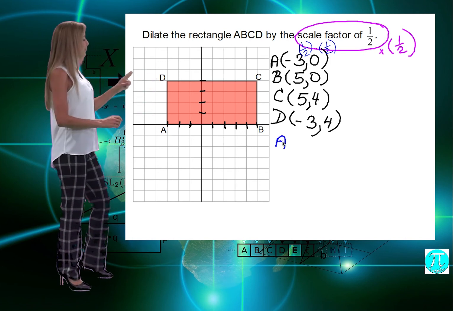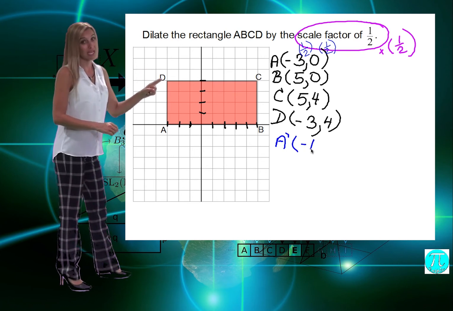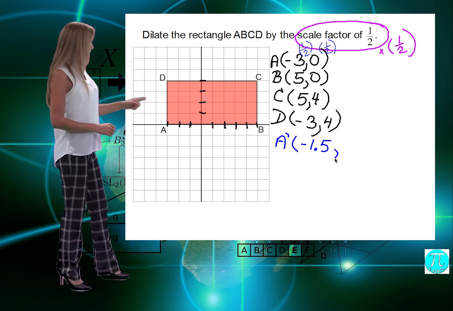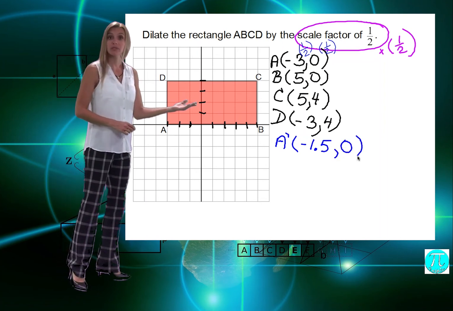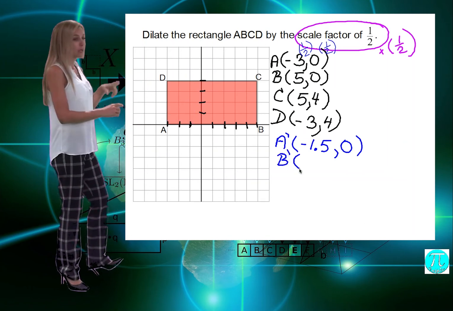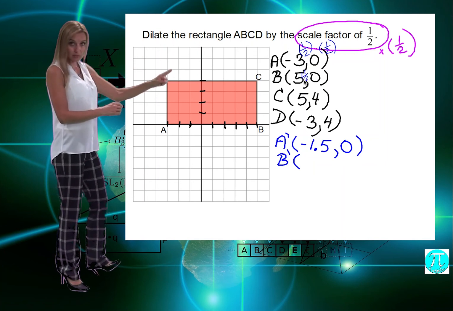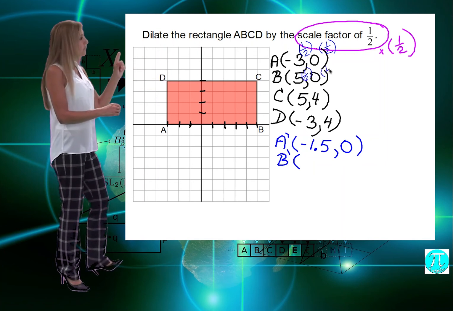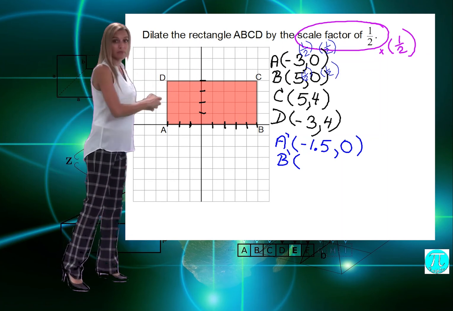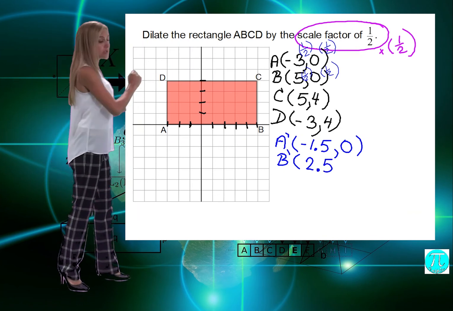So, A prime, -3 times 1/2 is -1.5. 0 times 1/2 is 0. B prime, we have to multiply 5 by 1/2 as well as the 0 by 1/2. 5 times 1/2 is 2.5. 0 times 1/2 is still 0.